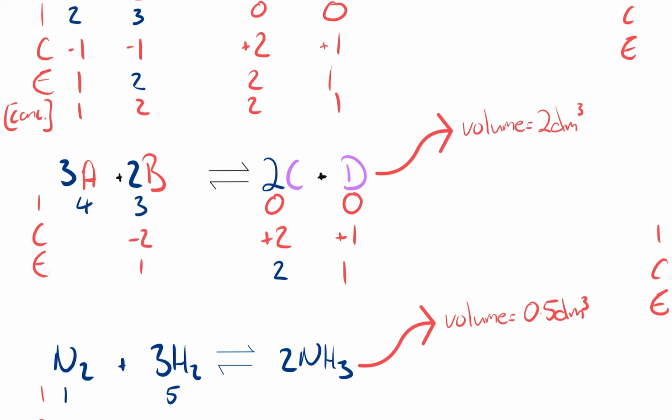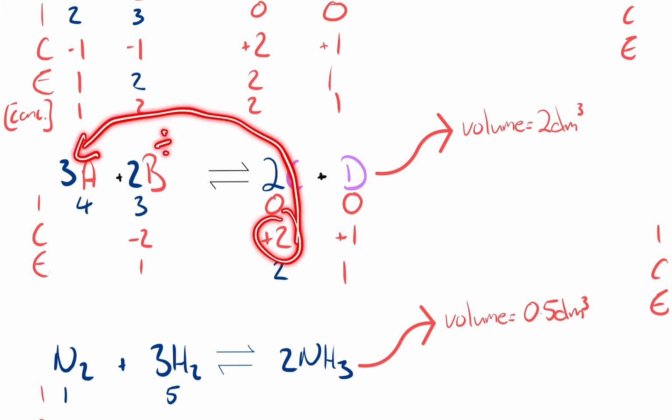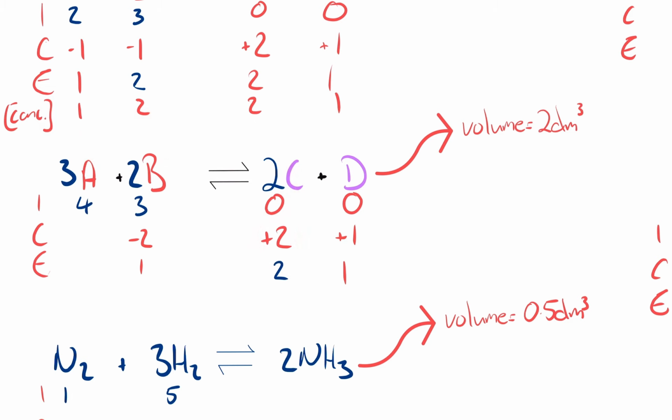1, sorry. And then here, I need to think about +2 divided by 2 and times by 3. So there I get to -3.